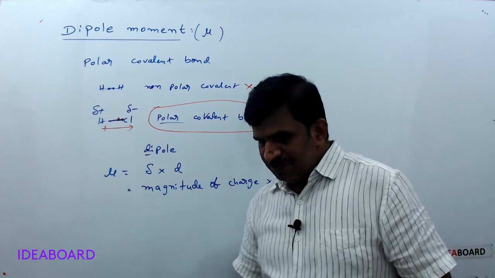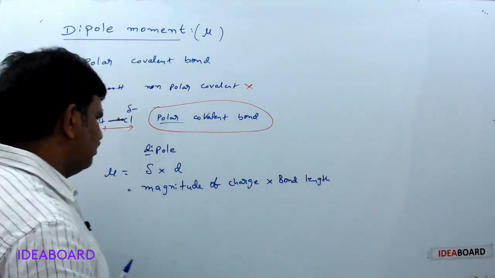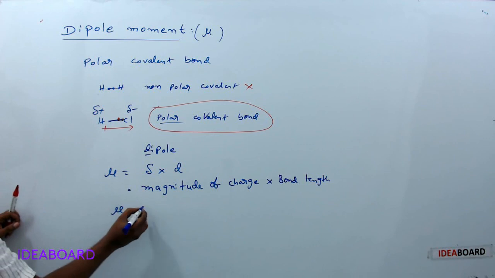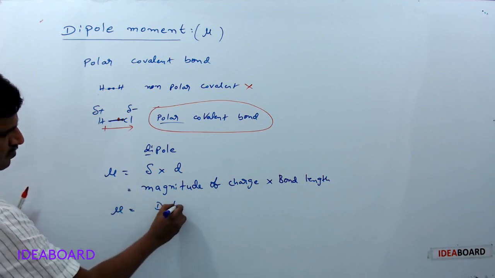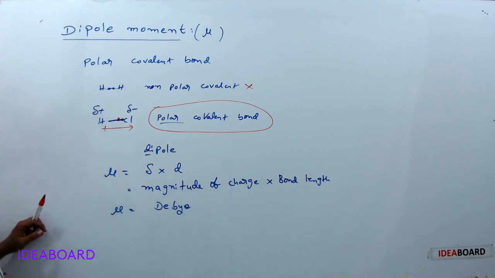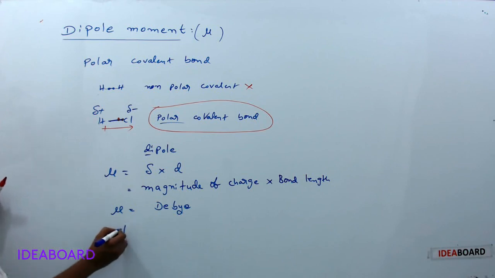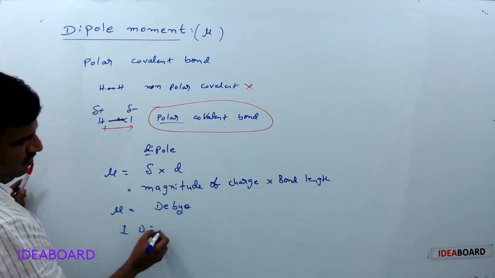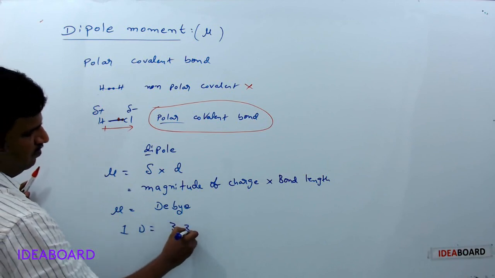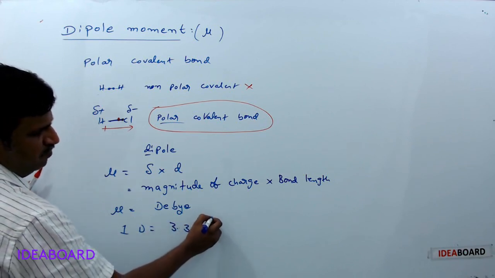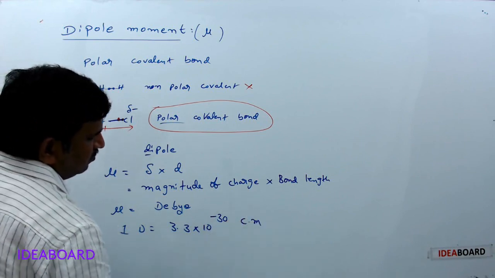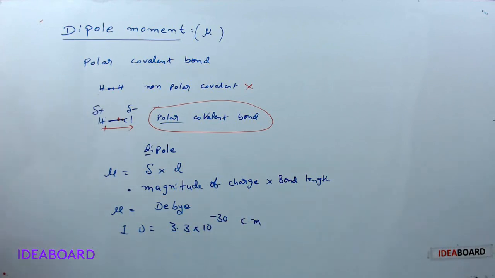The units of dipole moment are debye. 1 debye, with capital D, is equal to 3.3 into 10 power minus 30 coulomb meters.